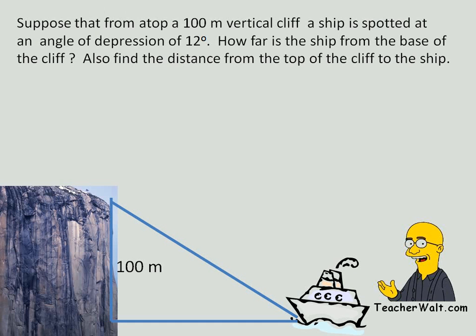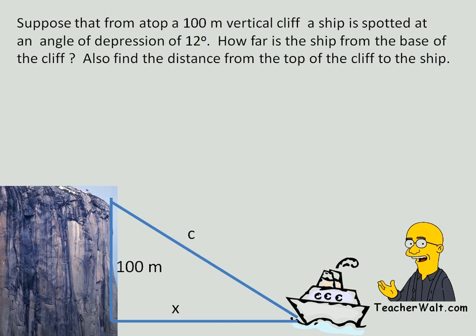And at this point I'm going to go ahead and label the hypotenuse. That's one of the things we want to find. And also I'll label this distance from the cliff to the boat. That's another unknown that we want to find. Now, for the other given part, I waited to do this because I want to talk about this for just a second. Notice we were told that this is the angle of depression.